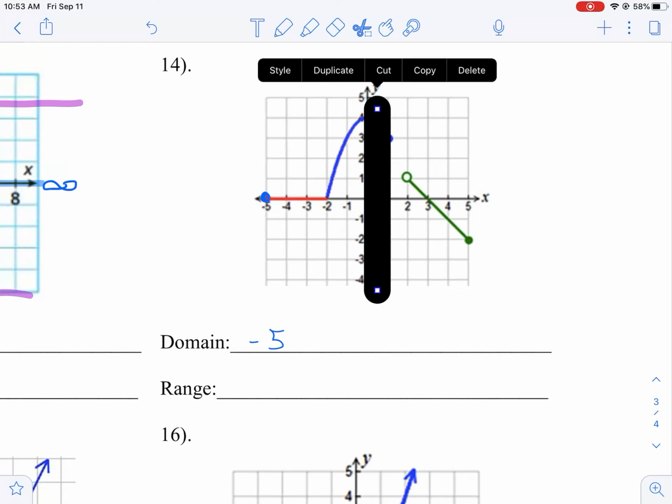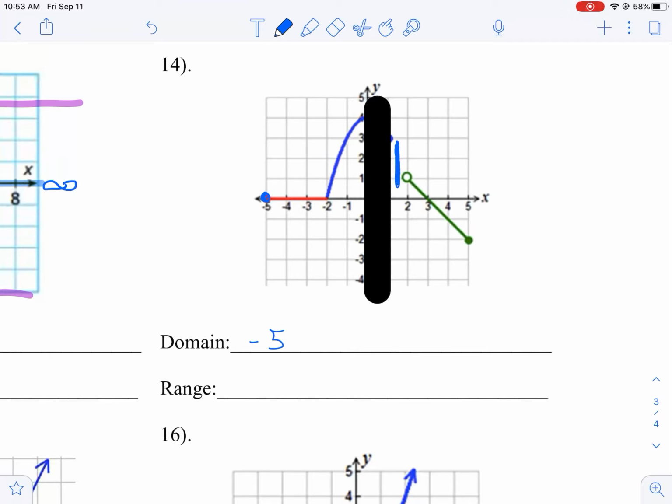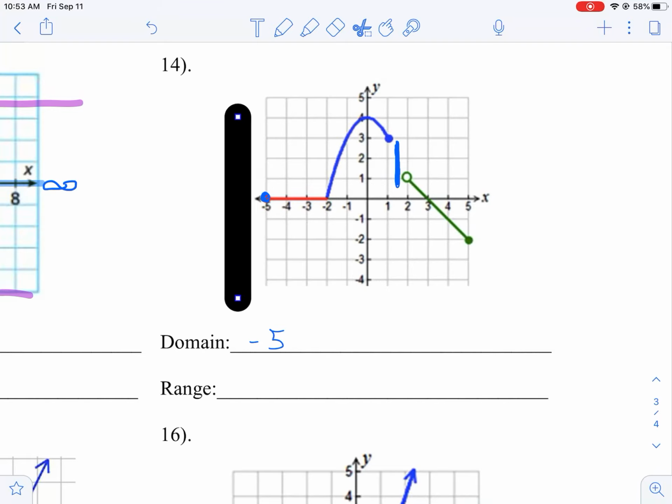And then it stops right there because there's this gap in the middle between that point and 2. So we're going from -5 to 1, and there will be brackets on both of those. And this gap here is not covered. So that's where the union comes into play.